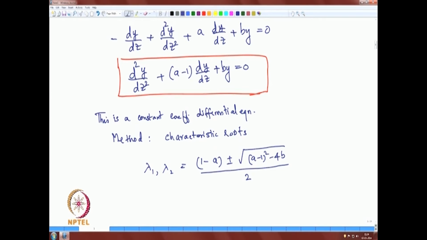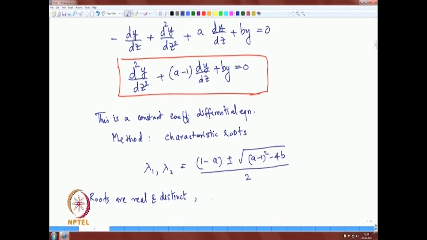So, in the case where the roots are real and distinct, call them lambda 1 and lambda 2, the real roots.